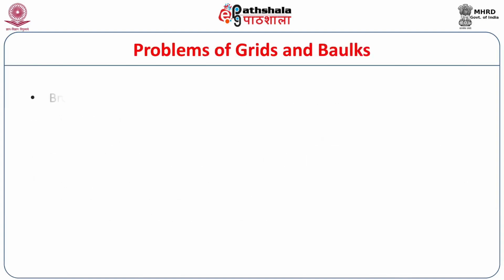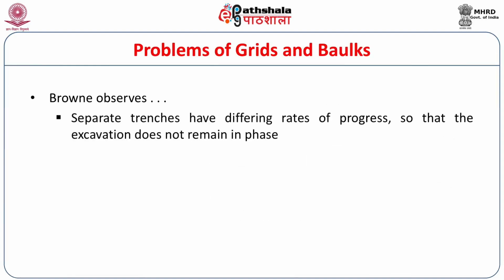Problems of grids and baulks. Several scholars have discussed this, and Brown observes that separate trenches have differing rates of progress so that the excavation does not remain in phase. So he says that if you are excavating a large area, there are different trenches, different people excavating, they are progressing at different speeds, therefore we cannot observe them at the same time.